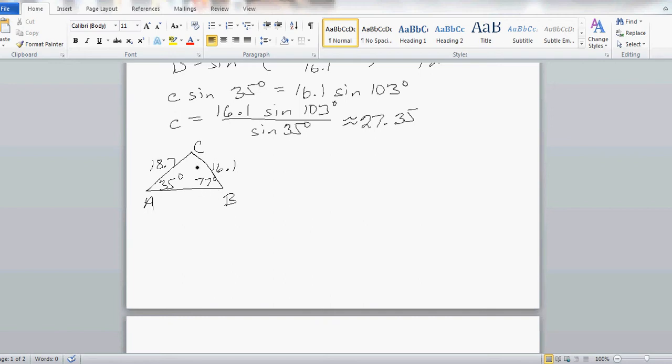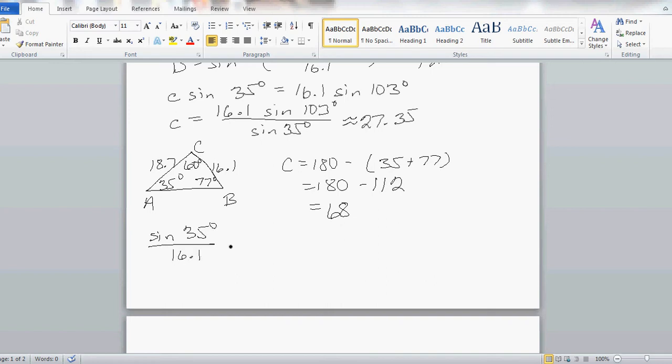So then angle C becomes pretty simple to calculate as 180 minus the two angles added together, and that is 112. And so angle C in this particular case might be 68 degrees instead. Then the only ratio we really have to worry about is the sine of A with little a, and compare that to sine of C over little c, and then do the cross products to find little c.